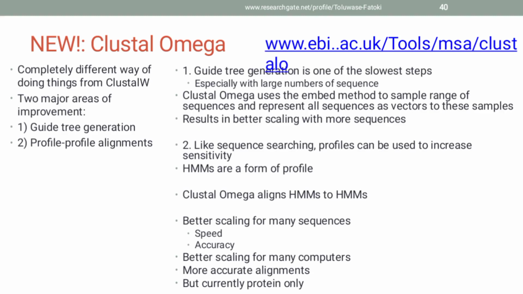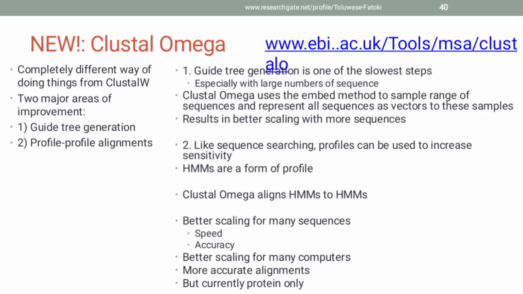So Clustal Omega, which I said is an improved tool, you can access at www.ebi.ac.uk/tool/MSA. It is improved in two areas. Number one, it generates a guided tree.